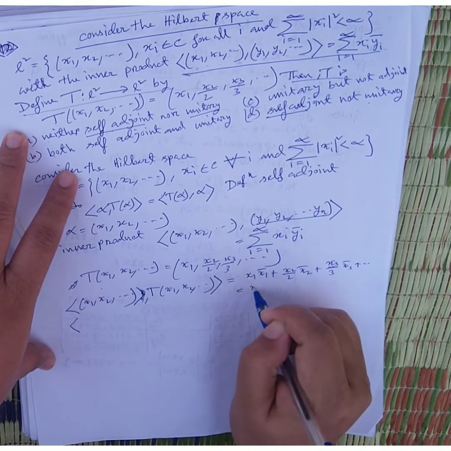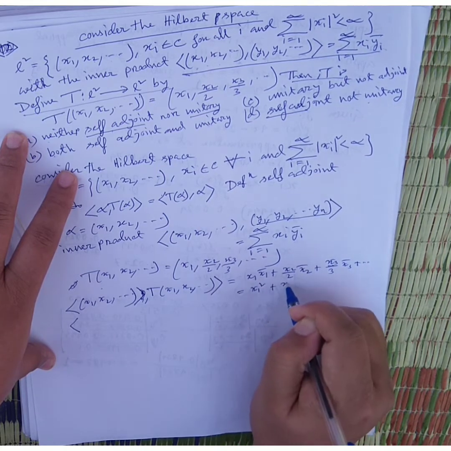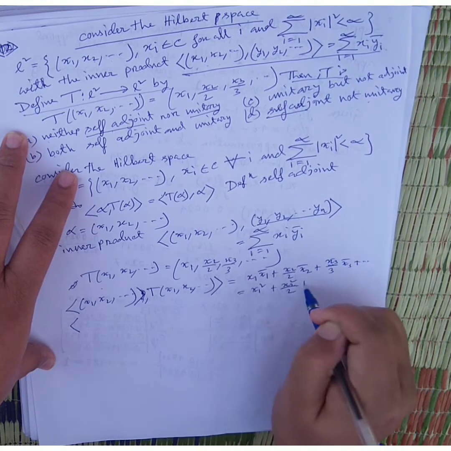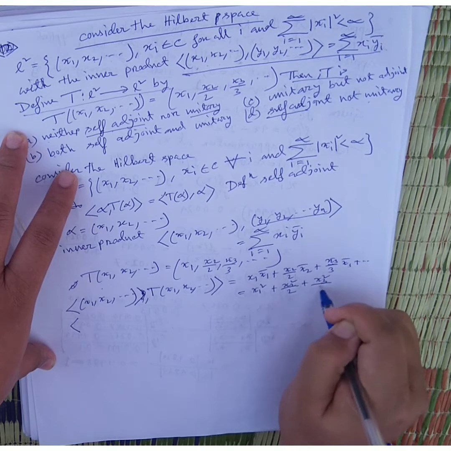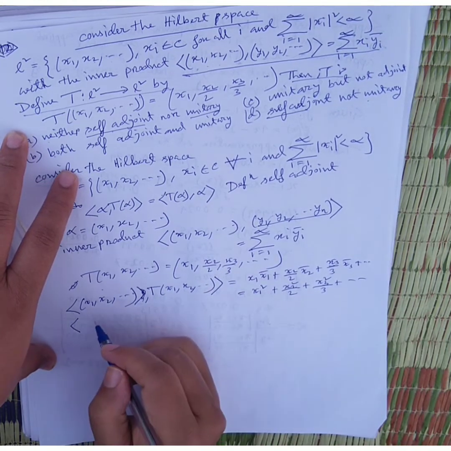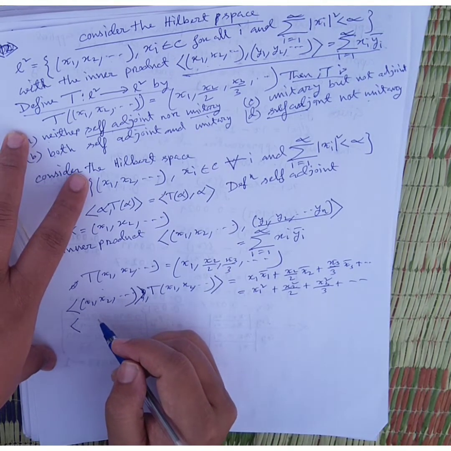This means |x1| square plus |x2| square by 2 plus |x3| square by 3 plus and so on.